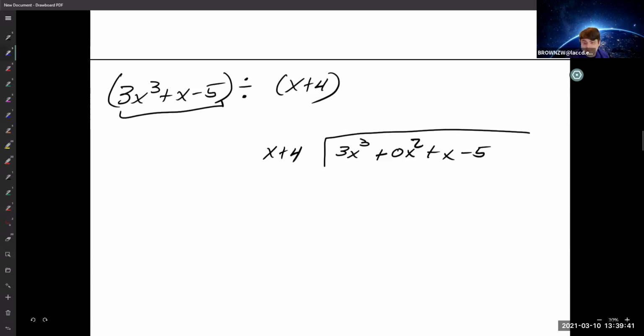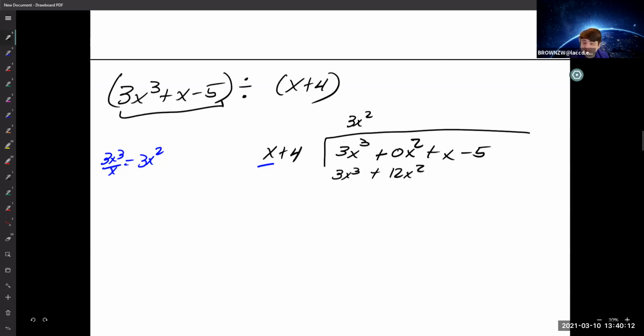Once we get past that step, though, everything works exactly the same. Here we're taking x into 3x cubed. So it's going to leave me with 3x squared. So 3x squared times x leaves me with 3x cubed, and 3x squared times 4 leaves me with plus 12x squared.